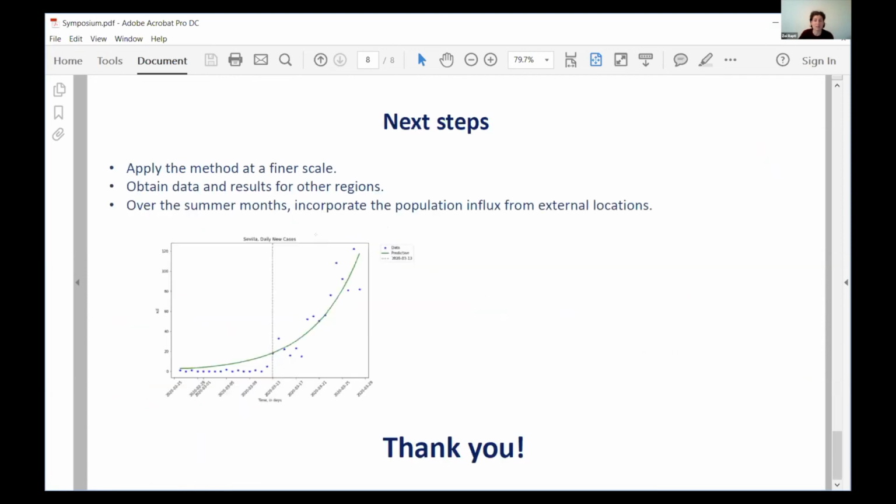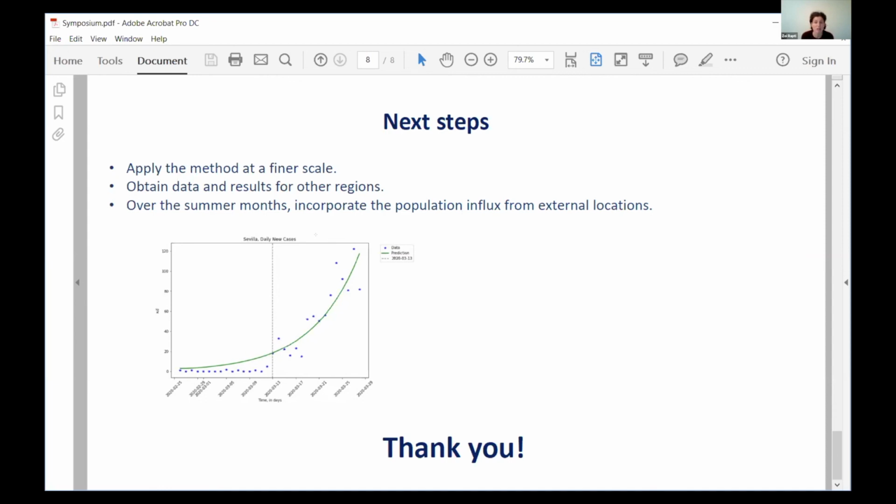So what are the next steps of this? We plan to apply this method at a finer scale, probably at the municipality level. Such data exist. Also, we plan to obtain data and results for other regions, not just Andalusia, Spain.